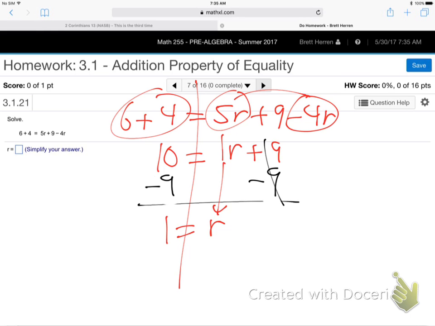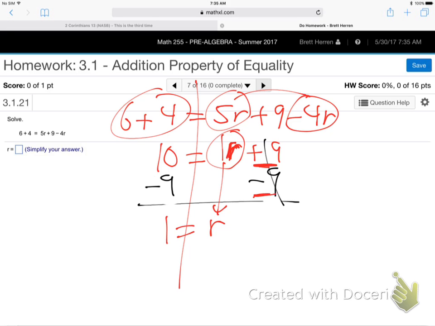Okay, so the first one is 5r plus 9 minus 4, and then that's subtracting those. Right, which to get 1r, I take 5r minus 4r to get 1r. And then r is saying, I want to be alone. Anybody with me? It's plus 9. Because of the plus 9, I got to subtract it.